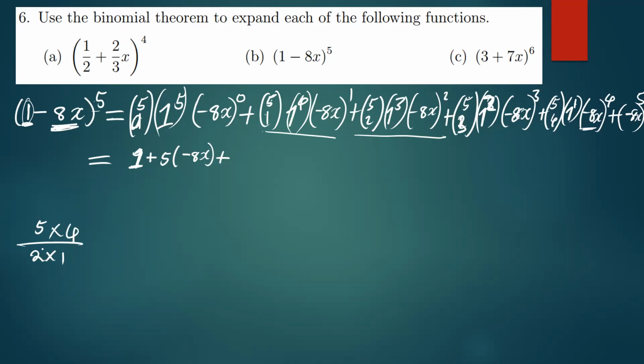So 5 times 4, you have 2 there, 1, 2 there, 2. 2 times 5 to give us what? 10. So write our 10 there.